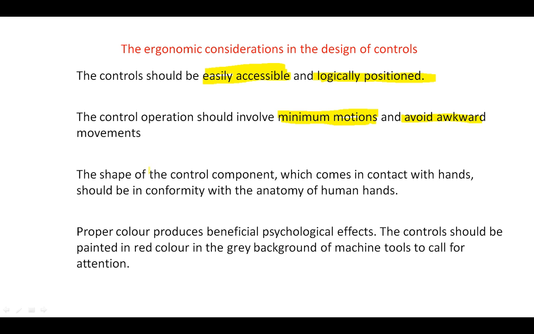And the next one is the shape of the control component which comes in contact with hands should conform with the anatomy of human hands. Okay, anatomy is a branch of biology which studies the motion, size and shape of the human structure. What is the average length of a hand?